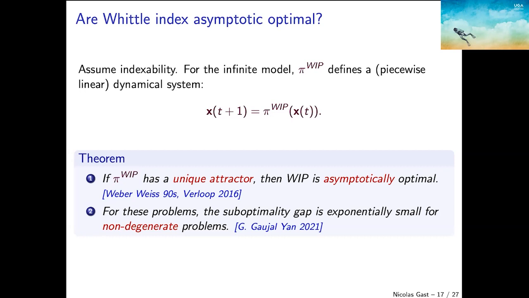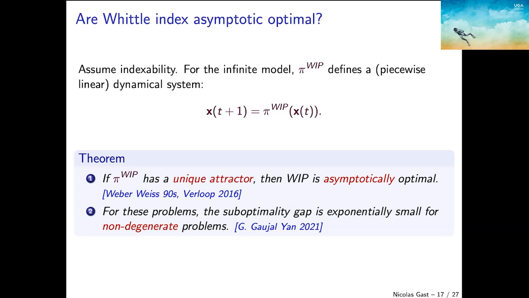And now the thing is that you look at your x. For instance, I have 30% of the people in state 1, 20% here, and 50% here. And now I have this alpha, which is the fraction of people that I can activate.